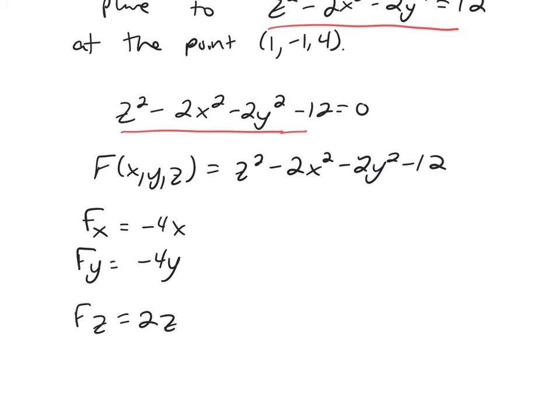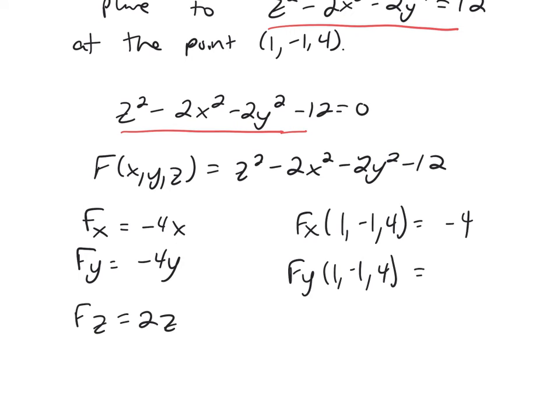And then you're going to plug your point into these partial derivatives. So my point was 1, negative 1, 4. So you would get negative 4 for fx. Fy, you're going to get a positive 4. And fz at our point would be 8. And so these make up our direction numbers for our plane.